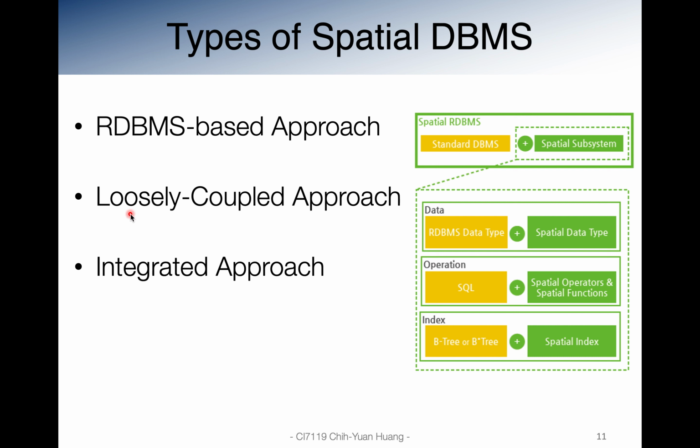So it becomes the loosely coupled approach. And finally, there is the integrated approach, which directly includes the spatial data management, spatial data operations, and also spatial indexes into the DBMS system, and then it becomes one integrated approach.